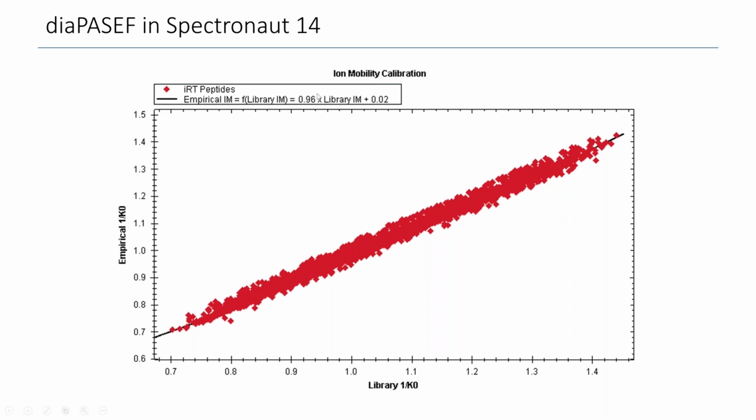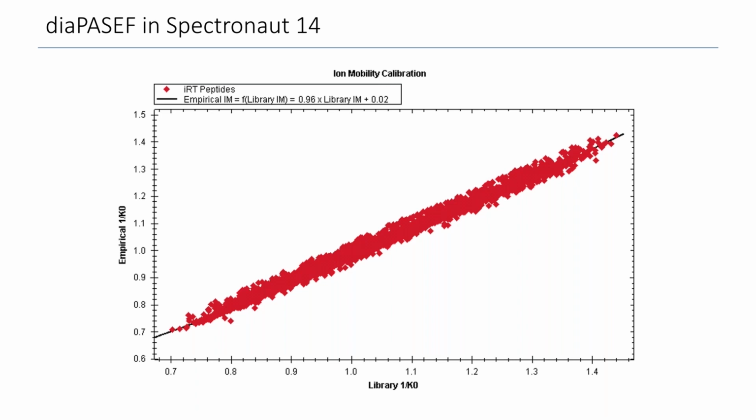And what was really interesting here is that when you look at this calibration curve, you realize that this is just a straight line. If you looked at the same curve in retention time, you would see that this is hardly ever a straight line, but it has some curves. But for the mobility, it really seems to be a straight line.